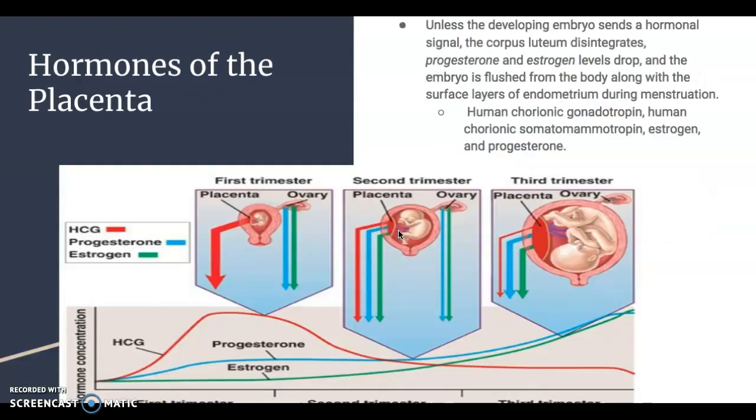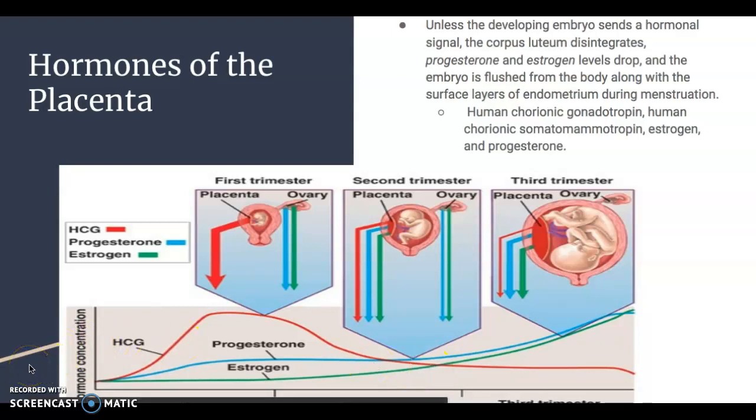Now we move into the hormones of the placenta. In this picture, we can see the first trimester and all of the hormones that correspond with it, the second trimester and third trimester, and how hormone secretion and concentration correlate with each of the trimesters.